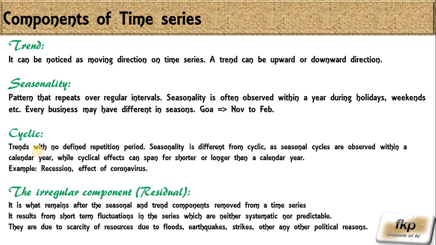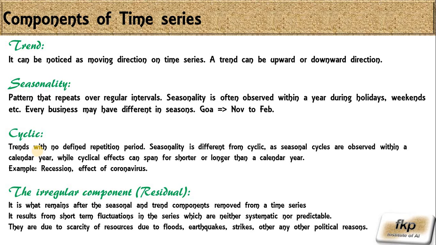The fourth component is the irregular component, or we can say residual. In layman's terms, it's random noise. It basically starts from short-term fluctuations. In the case of a retail business, or any business, the same amount of sales won't happen every day, right?